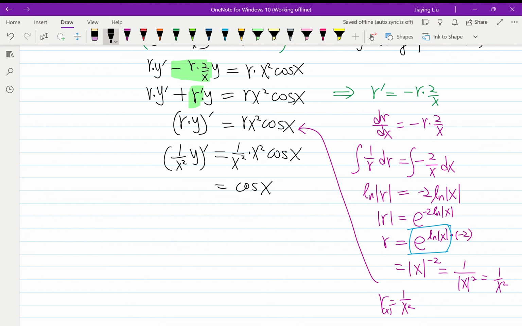If we want to solve for y, we just integrate. We're basically finding the antiderivative of cosine x. So we get 1 over x squared y equals integral cosine x dx. What is that? It's the antiderivative of cosine x. Sine, right? Plus c.